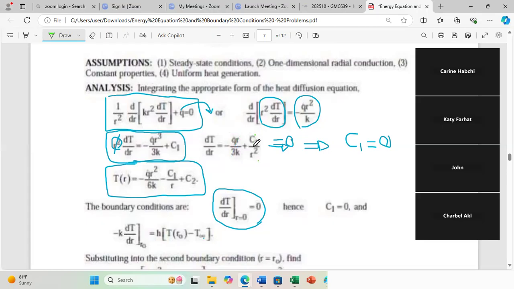So this term will cancel out, okay? And now if we replace at R0, we get that this is equal to minus K times minus Q dot R0 over 3K.